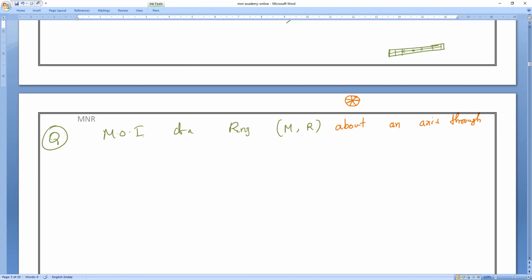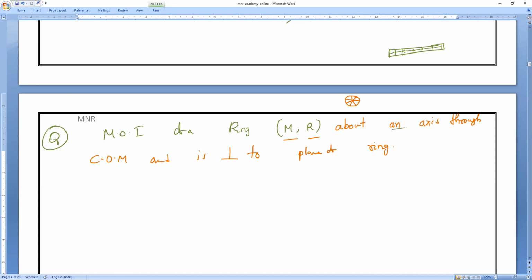Question, you write. Calculate the moment of inertia of a ring whose mass is m and radius is r about an axis through COM, center of mass, and perpendicular to the plane of ring. All of you observe.